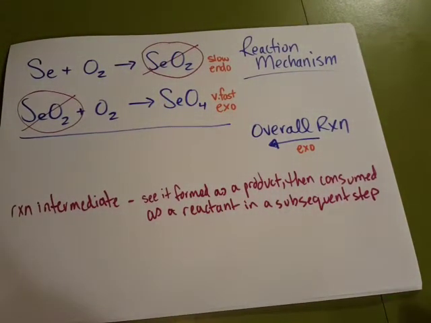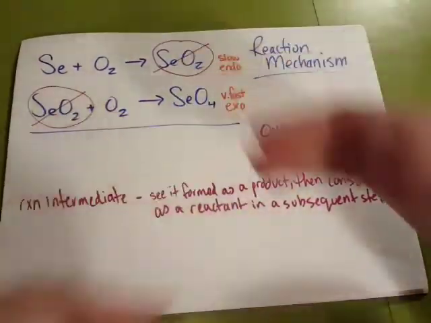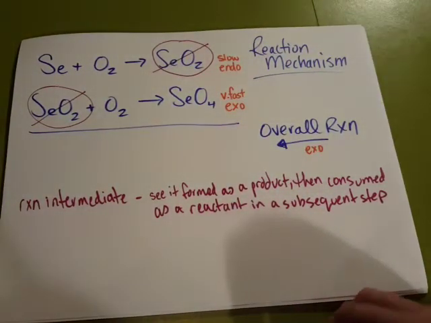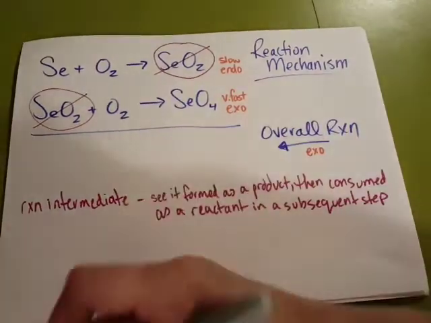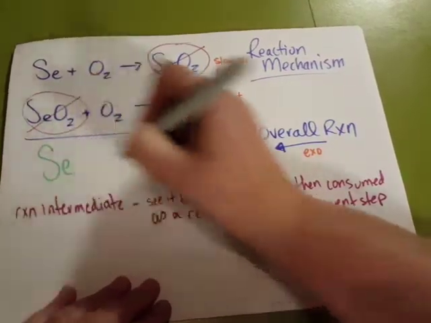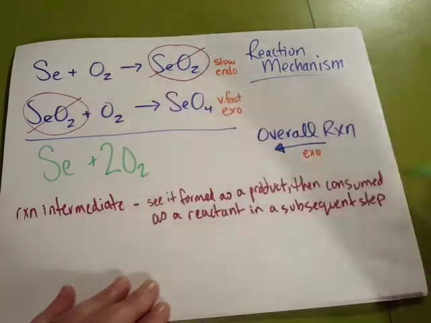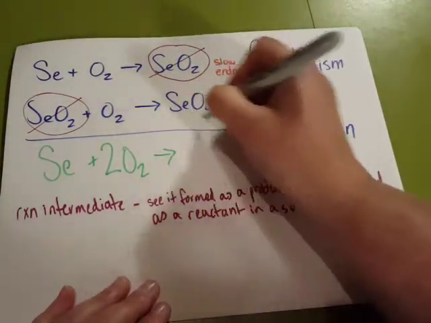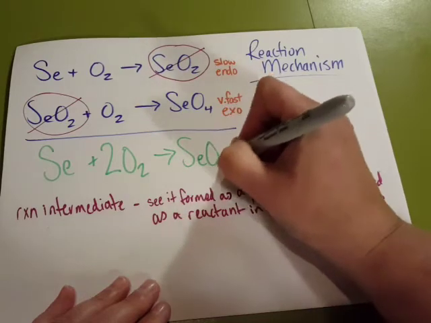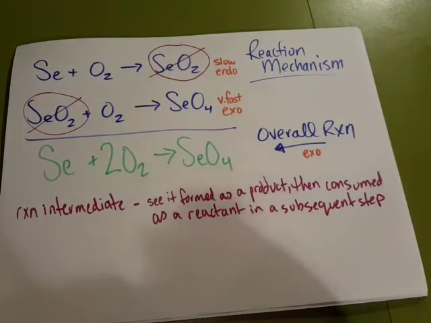So I think it's time that we can compress this, squeeze it all together, and say, all right, I'm going to have only one Se on this side. Now I'm going to have two oxygen molecules, and over here I'll have one SeO4.